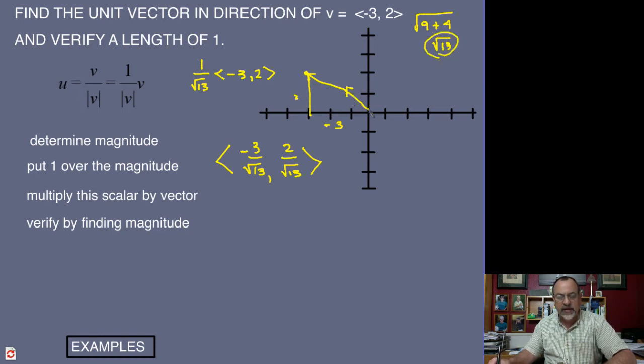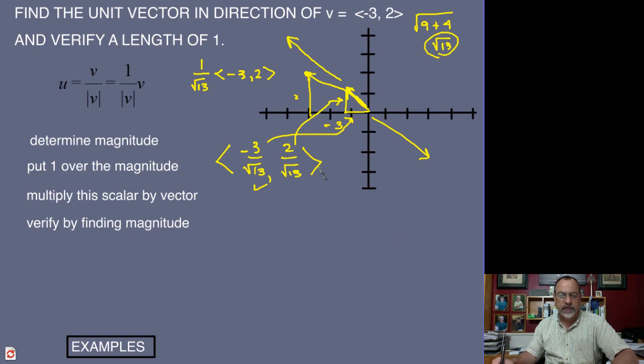By multiplying, I now have these components, my A component and my B component, and if I take this squared plus this squared and take the square root, the magnitude should be 1. Any arrow going this way, through this point, pointing in this direction or even the opposite direction, is simply a multiple of this unit vector, meaning all I have to do is multiply this unit vector by however long I want my arrow to be.